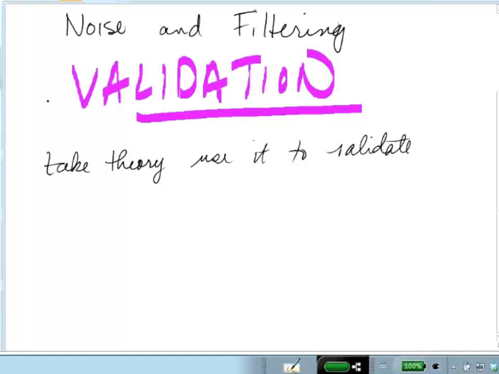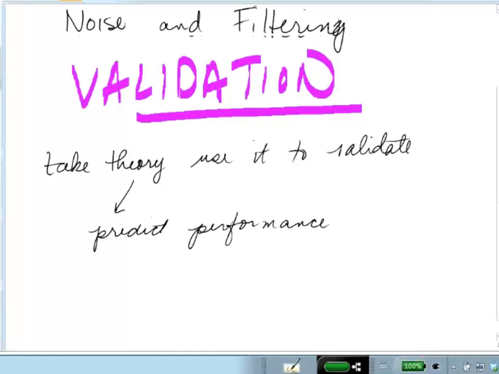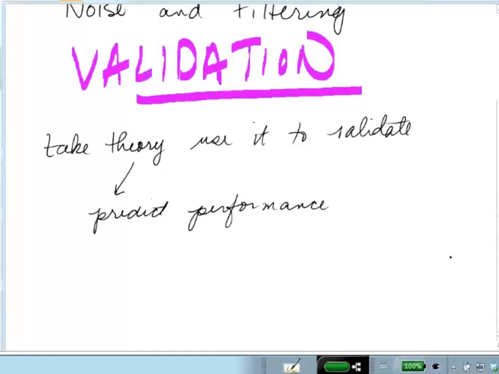So when we're talking about noise and filtering, we're also going to be taking the theory and letting us predict performance. And of course, when we talk about performance in a digital communication system, there's really one key figure of merit above all others that tells us about the performance of our system, and that is the bit error rate.